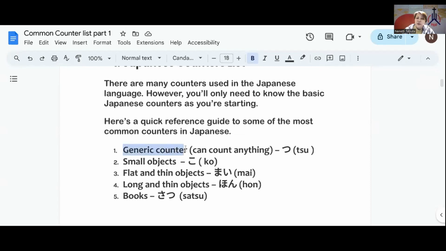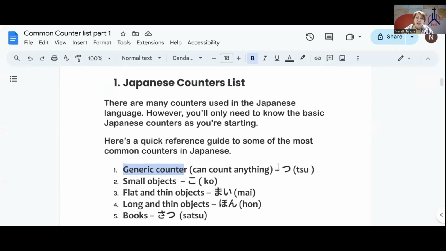Sometimes if I don't know, for example, the use, I just say, okay, hitotsu kudasai or futatsu kudasai. But actually, there's a certain word for that, the counter name for the pieces of that object.